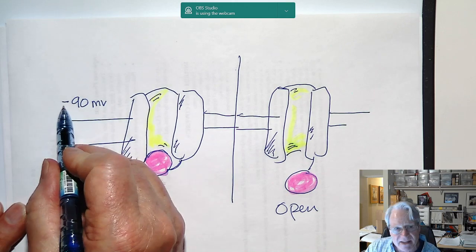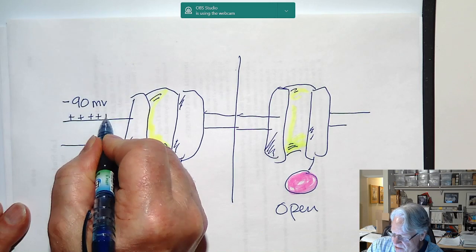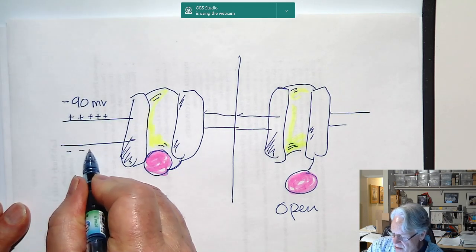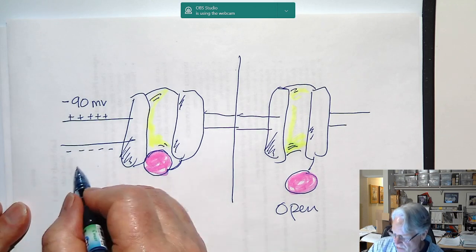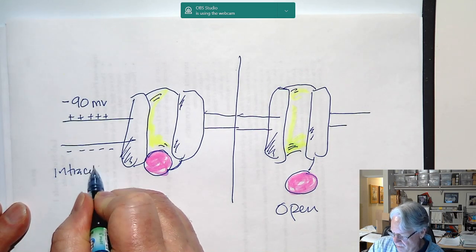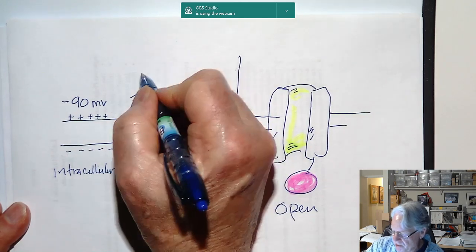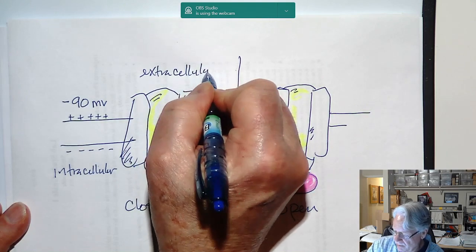Now, why did I make it negative? Because remember, the outside of the cell tends to be positive, and the inside of the cell tends to be negative. So this is intracellular, and this is extracellular. Okay.